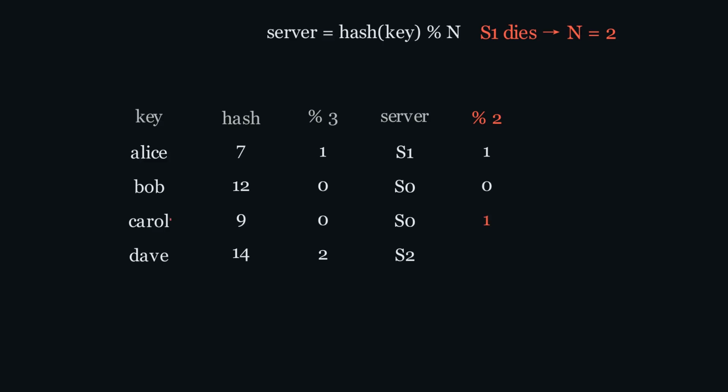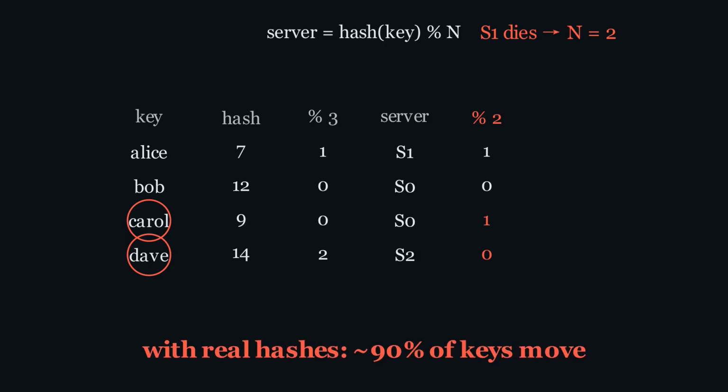Carol, 9 mod 3 was 0. 9 mod 2 is 1. Moved. Dave, 14 mod 3 was 2. That's the server that doesn't exist anymore. 14 mod 2 is 0. So moved. 2 out of 4 here, but with real hash values, roughly n minus 1 over n of all keys moved. With 10 servers, losing one relocates about 90% of your data.